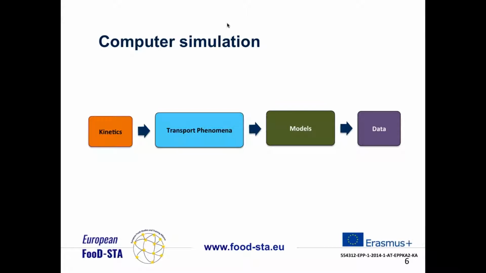These are the three transport phenomena involved in unit operations. In food engineering and chemical engineering, experts work a lot on transport phenomena. When both kinetics and transport phenomena are combined, not so much is yet available. And of course, to get these models, we need data.